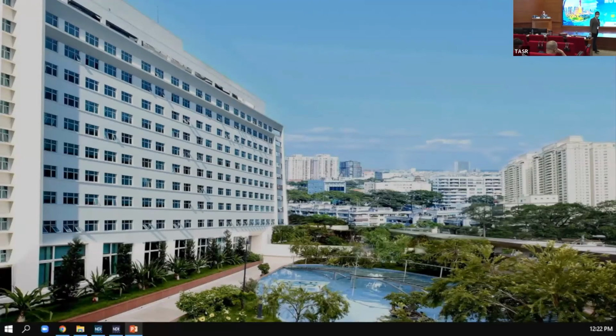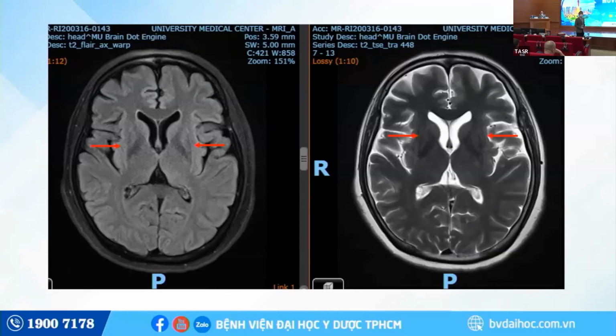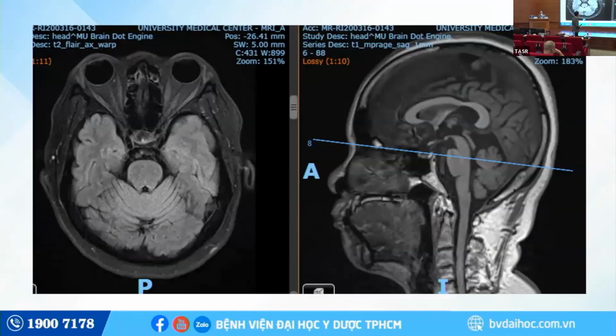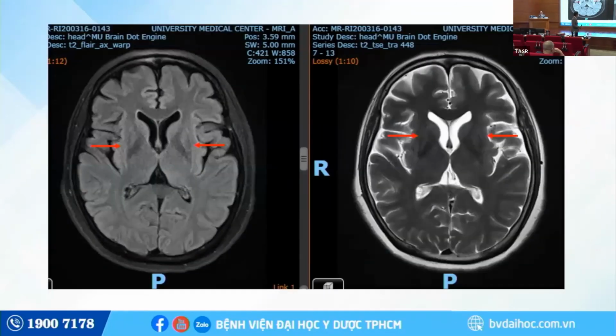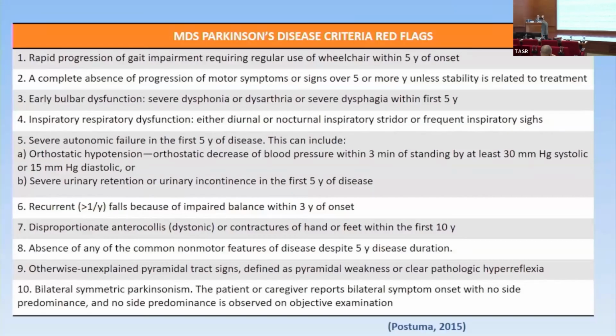I think that with the clinical picture, it is maybe MSA. Clinically, it is very suggestive.